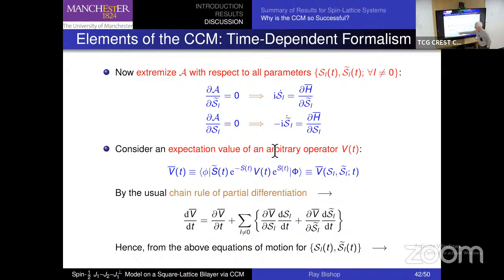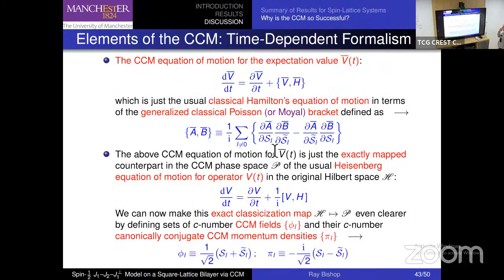So dV bar by dt is curly dV by dt, that's the time dependence that's in here, plus, this is just the chain rule. These guys, dS_i by dt and dS tilde_i by dt, I can plug in from here. Do it. And you get this, where this curly bracket is defined here.